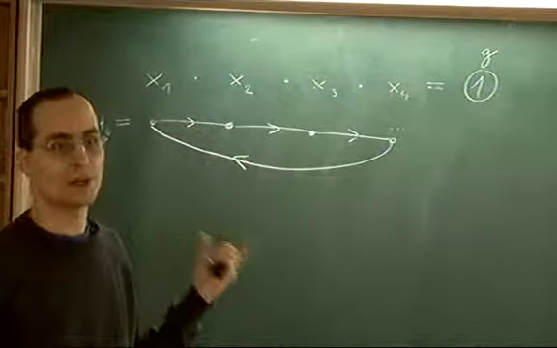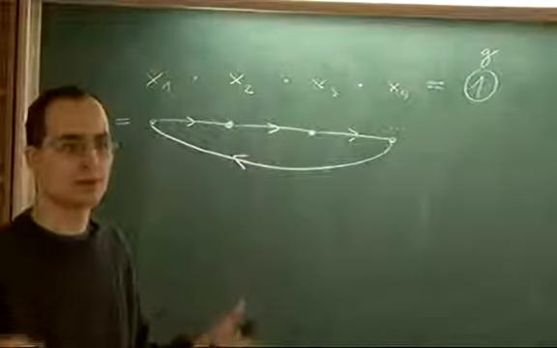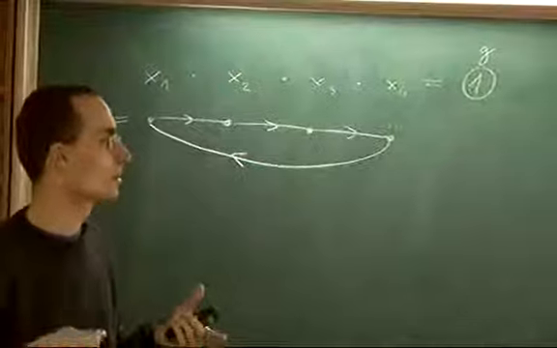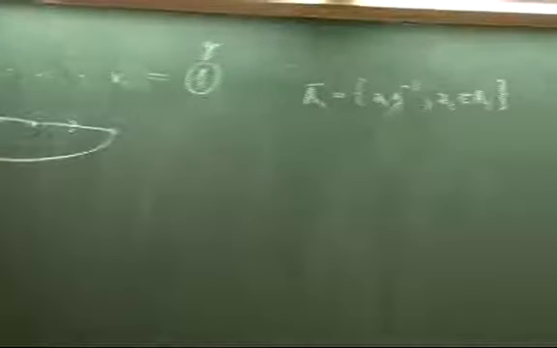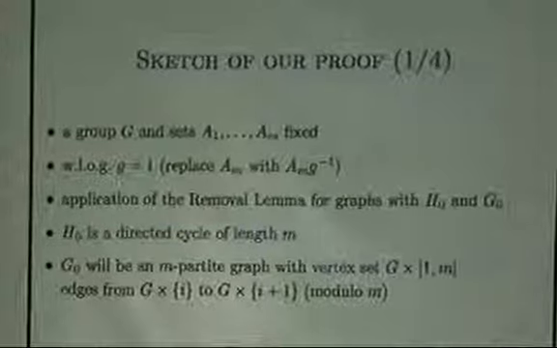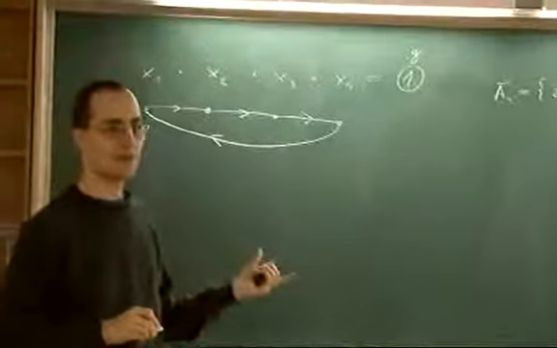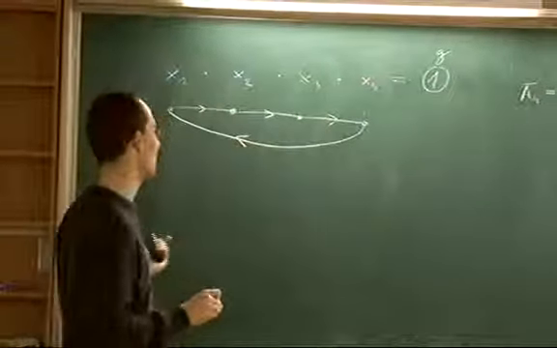It only depends on m, because if it were dependent on G, then all the dependence of the constants in the statement of the removal lemma would be spoiled. So it's important this graph is independent of the group and of the sets A1 up to Am. And the big graph G0 will be constructed as follows. If m is 4, it will have 4 parts. In general, it will have m parts.